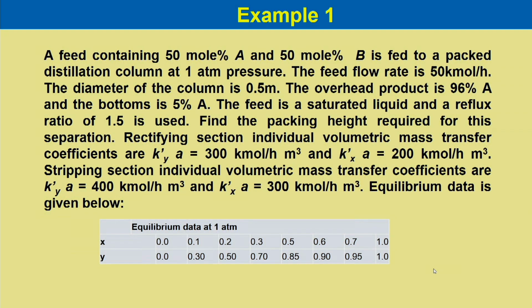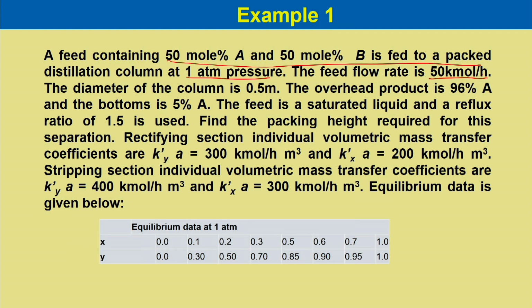Let us consider an example to solve the packed tower problems. A feed containing 50 mole percent A and 50 mole percent B is fed into a packed distillation column at atmospheric pressure. The feed flow rate is 50 kilomole per hour.